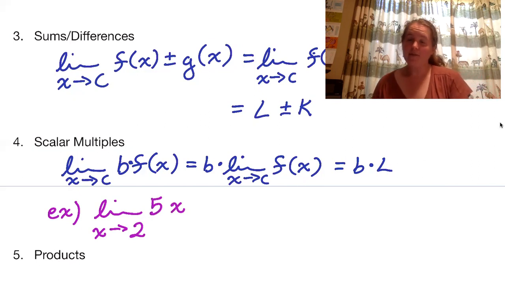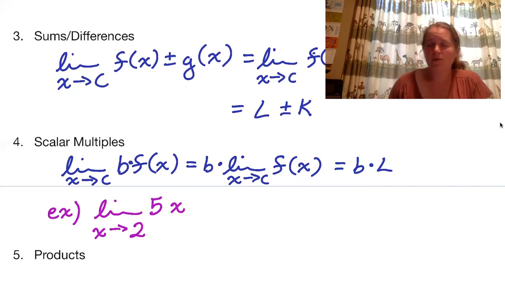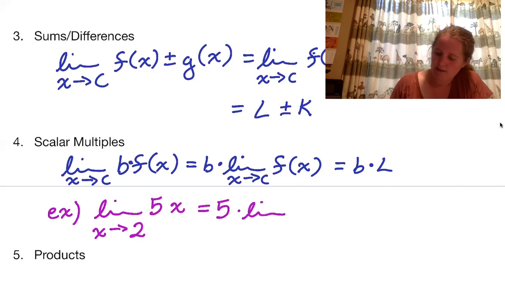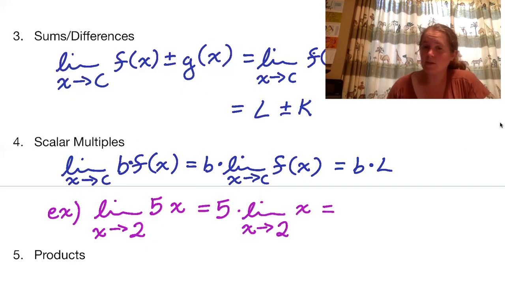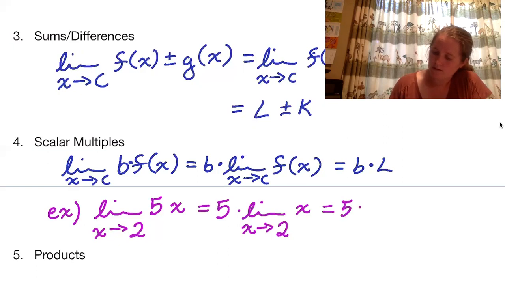So this is 5 times the identity function. We were just looking at the identity function in number 2. So this is just 5 times the limit as x goes to 2 of x, which we had previously said is simply 2. So this is 5 times 2, or 10.